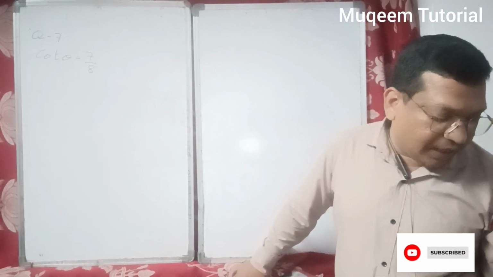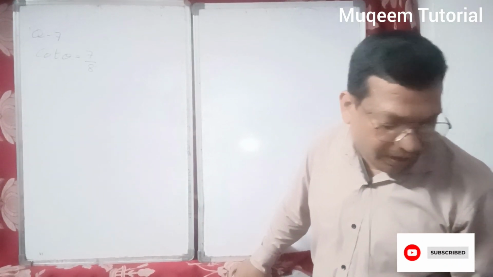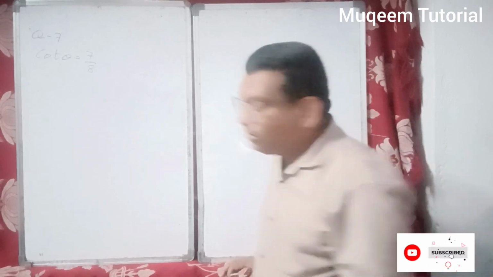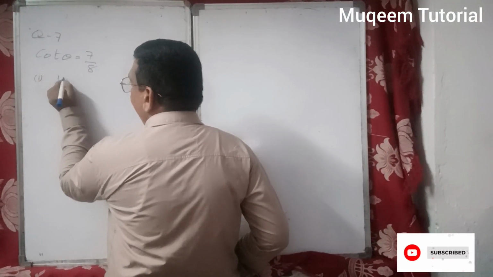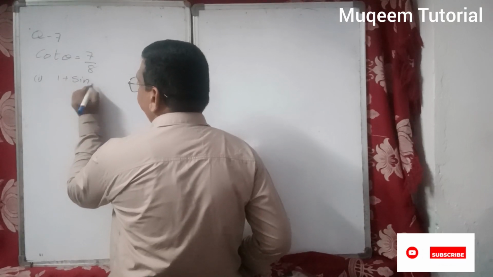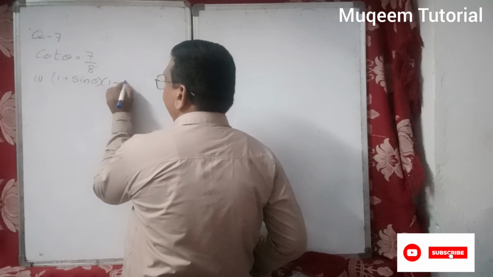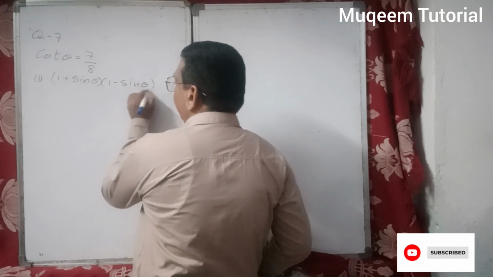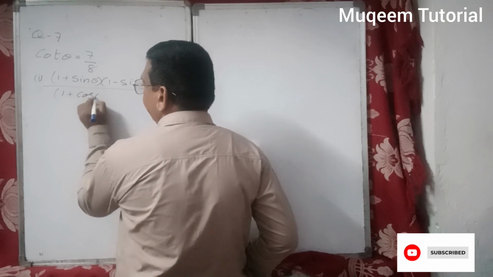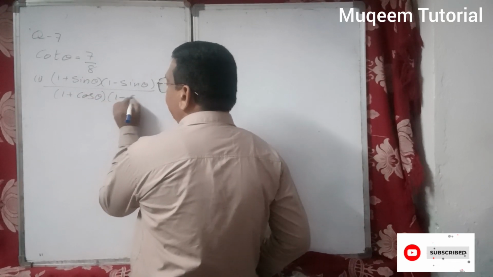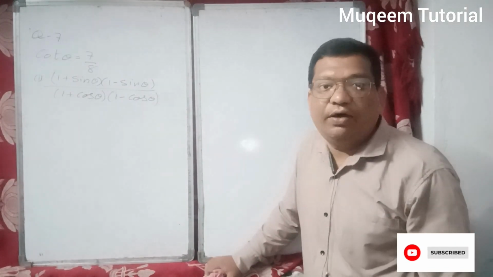The first one is 1 plus sine theta into 1 minus sine theta, whole by 1 plus cos theta into 1 minus cos theta. This is our question. We have to find the value of this expression.